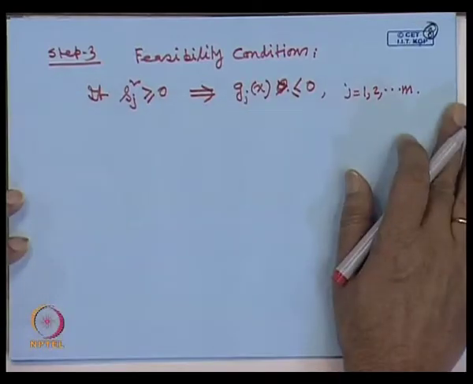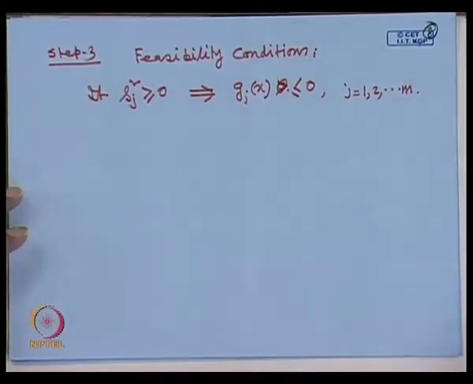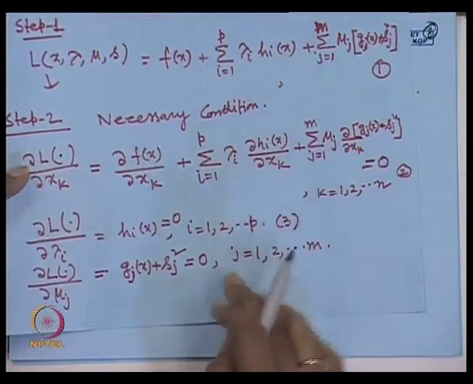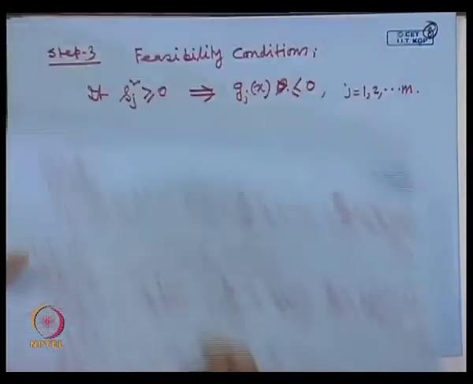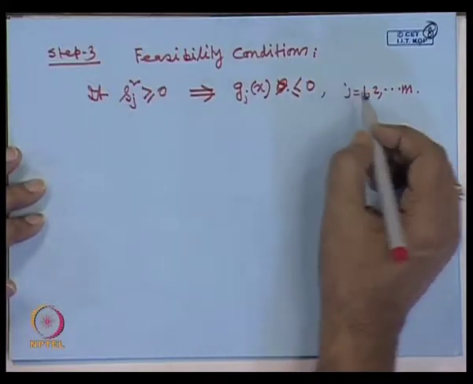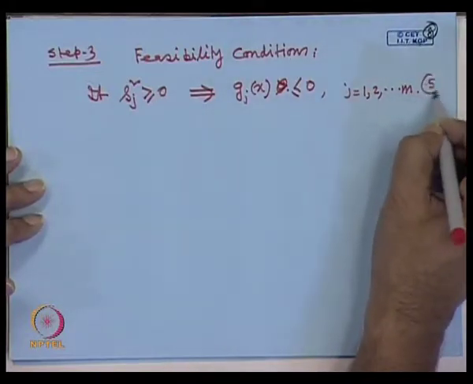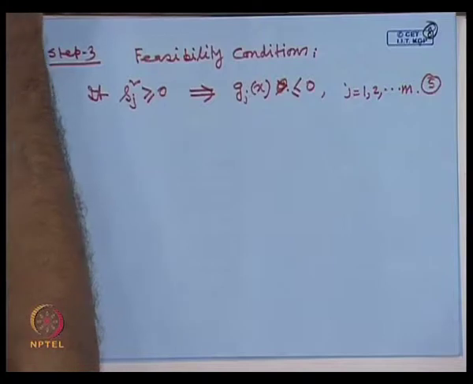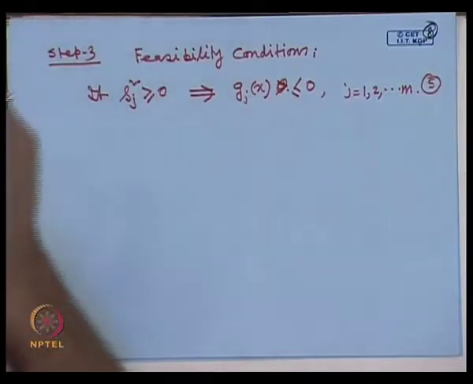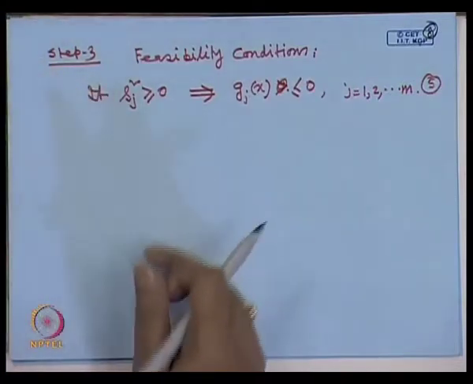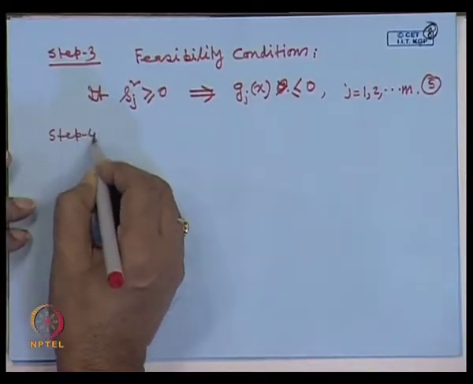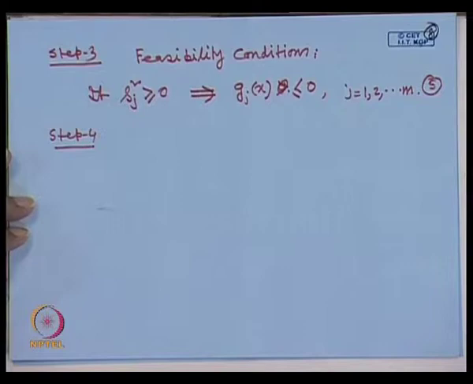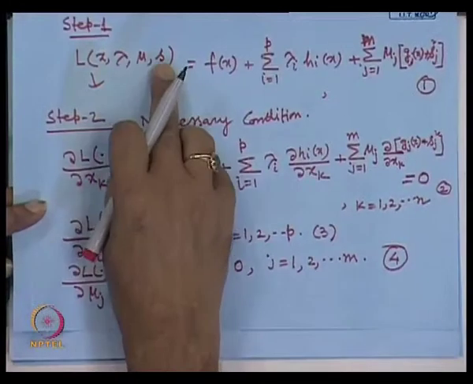So, this in general we can write. We have given equation numbers 1, 2, 3, this is equation number 4, and that is equation number 5. Then step 4, because if you see this, we still have one left.